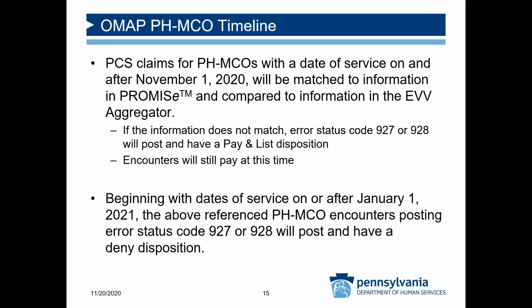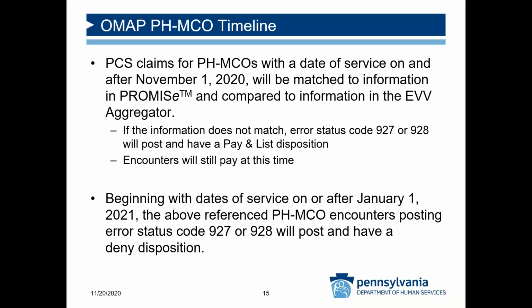Personal care service claims for physical health MCOs with a date of service on and after November 1st, 2020 will be matched to information in Promise and compared to information in the EVV aggregator. If the information does not match, error status code 927 or 928 will post and have a pay and list disposition.